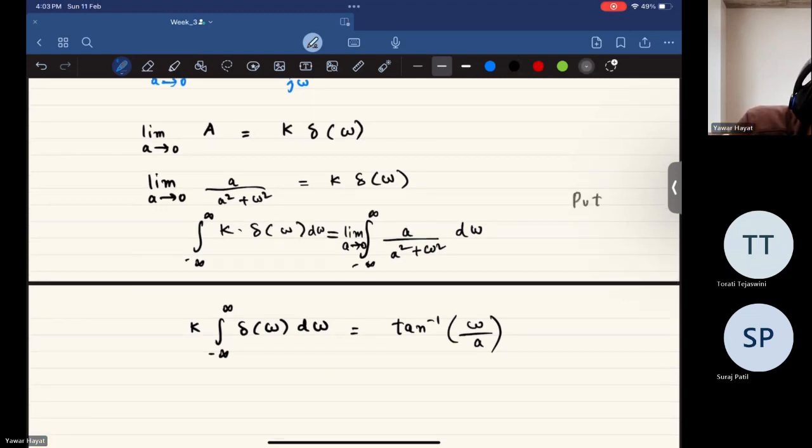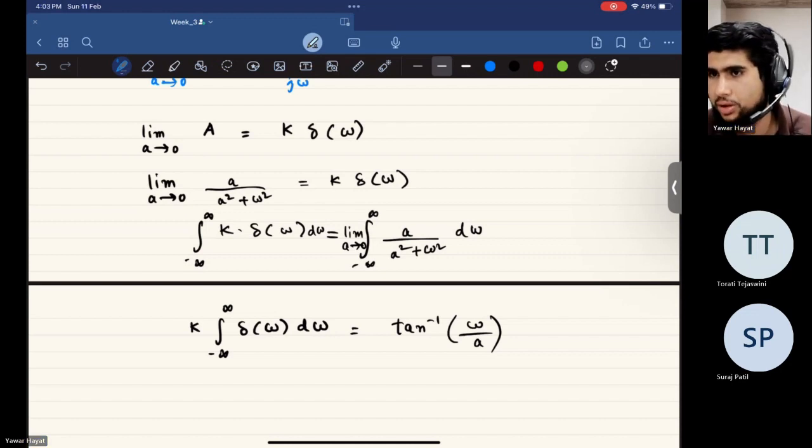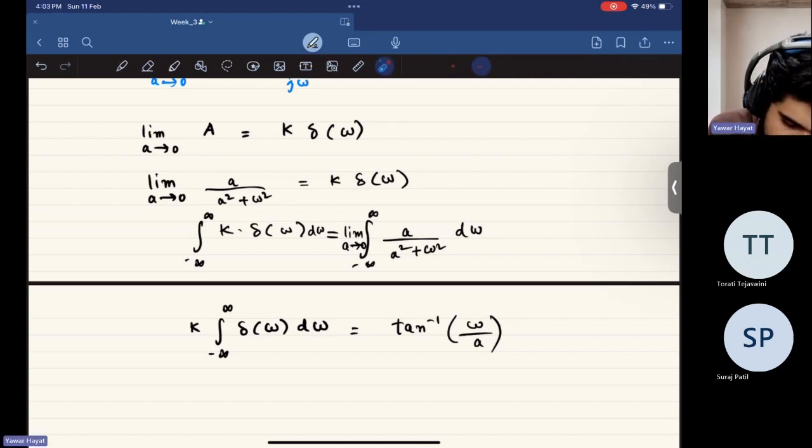Put omega equals z times a. I mean, this is nothing but scaling, right? I hope you can prove this part.